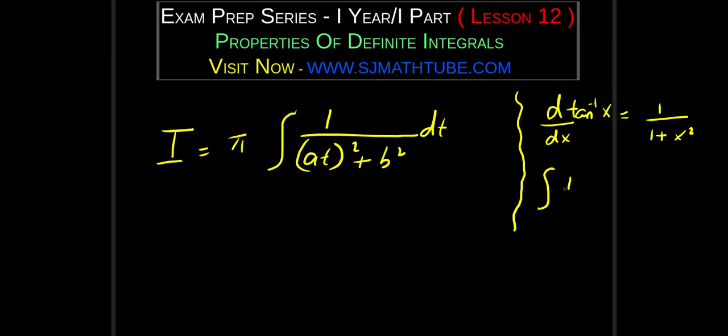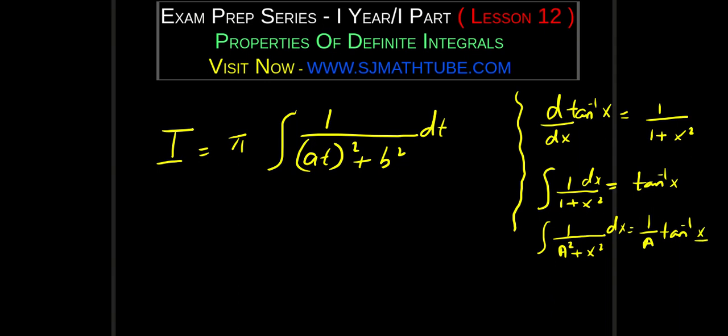So the integral of 1 by 1 plus x square is equal to tan inverse x. Please mind that dx. Now the integral of 1 by a square plus x square will give you 1 by a tan inverse x by a.